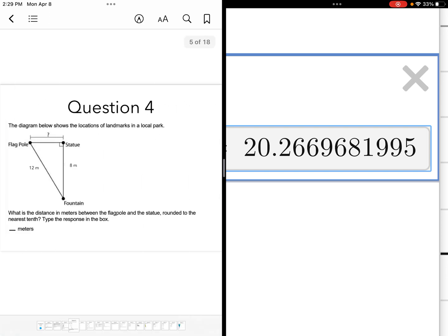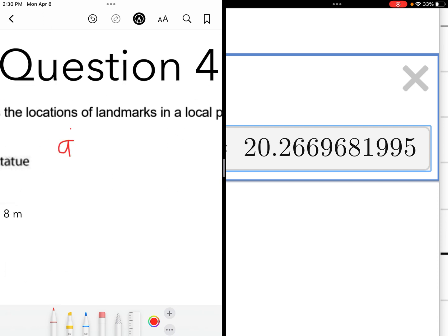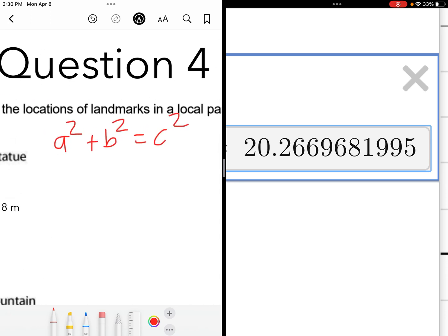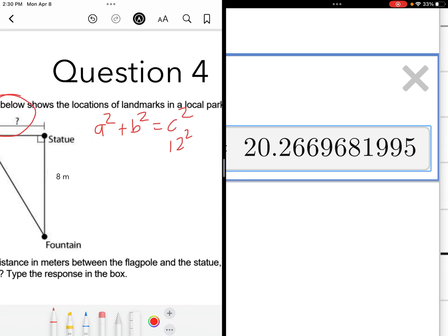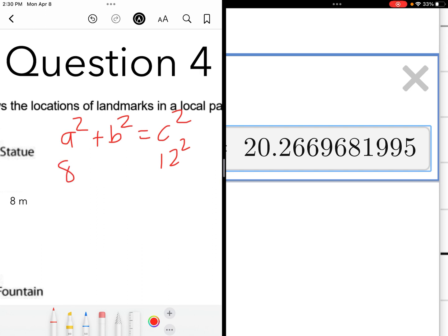All right, in the diagram, it shows some landmarks at a local park, and they want to know what is the distance in meters between the flagpole and the statue. So we're looking for one of the legs. So I know that the legs are the 2 shorter sides and the hypotenuse is the longest side. So it's got to be less than 12. So I get 64 plus b squared equals 144, minus 64.